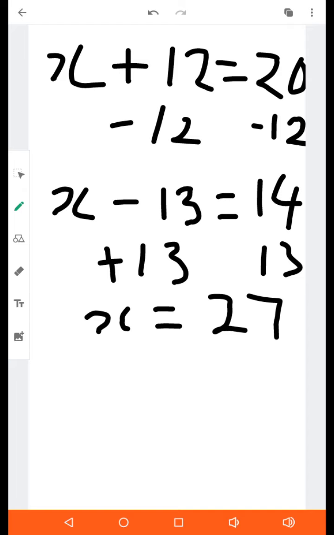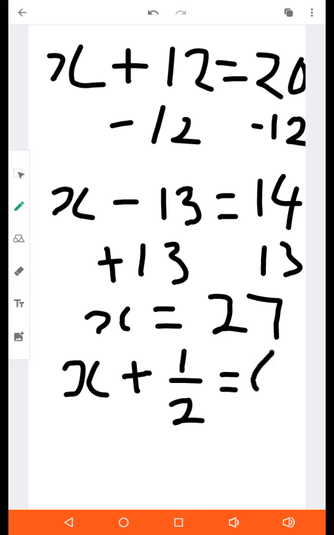Another one, x plus 1/2 is equal to 6/2. So over here, we are supposed to look for the additive inverse of half, which is minus half.